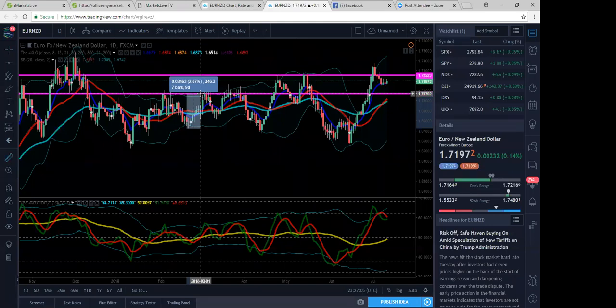How many did it get? Can you see it? Was that 340? Yeah, 346 pips. Oh wow. Yes, teacups are amazing.